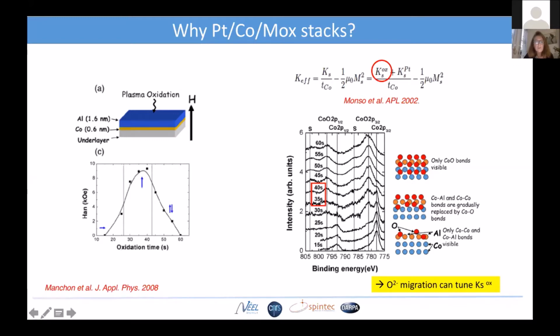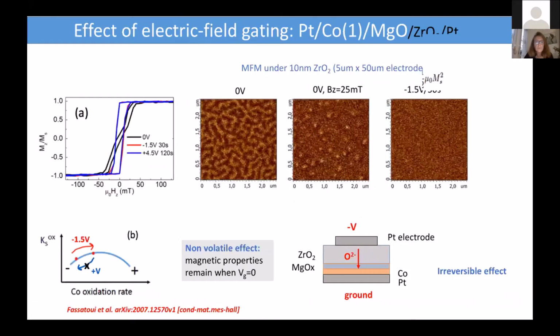After this, which we call the overoxidized state, the anisotropy starts decreasing. So this dependence of the anisotropy at the top cobalt interface on the rate of oxidation can explain how oxygen migration can tune the perpendicular magnetic anisotropy of these systems, as was shown before by the Beach group.